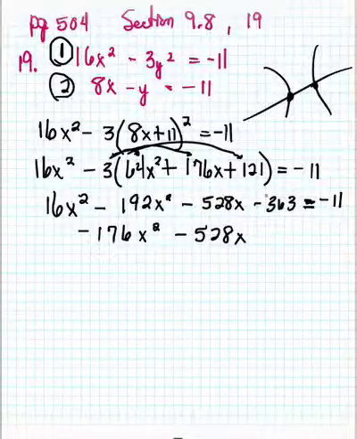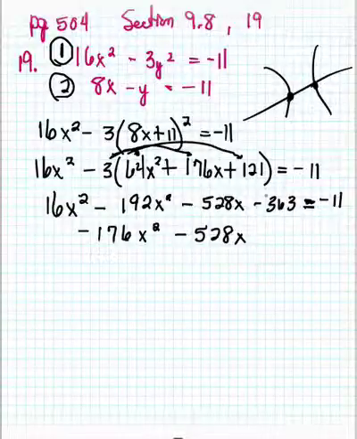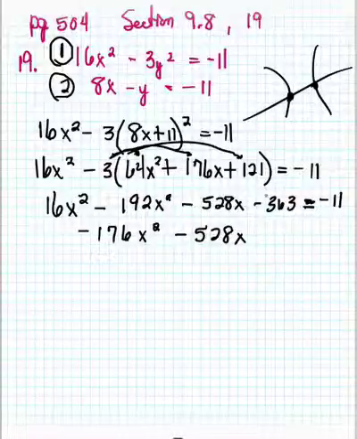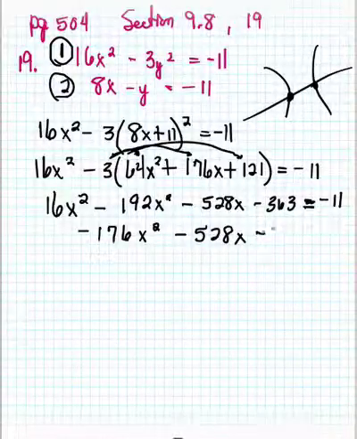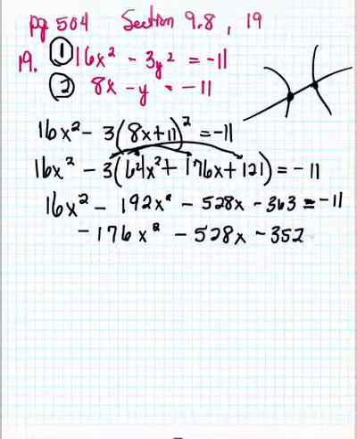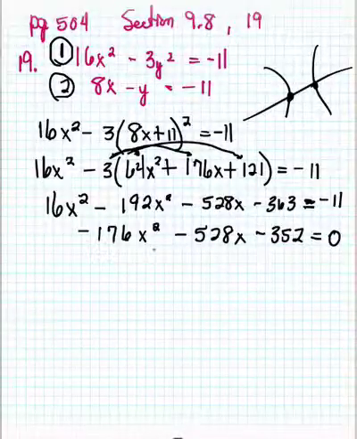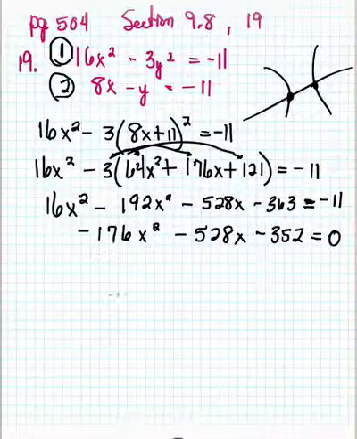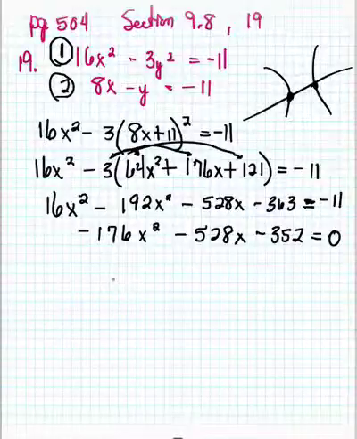Let me bring that over to the other side. So negative 363 plus 11 gives me negative 352, equals 0. Now I'm going to divide everything by negative 176.